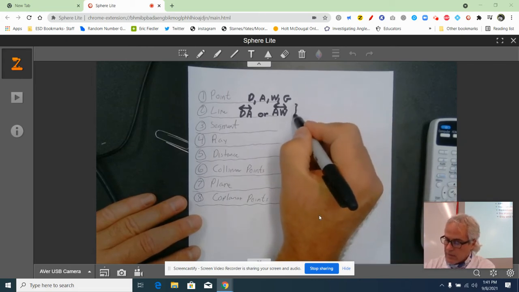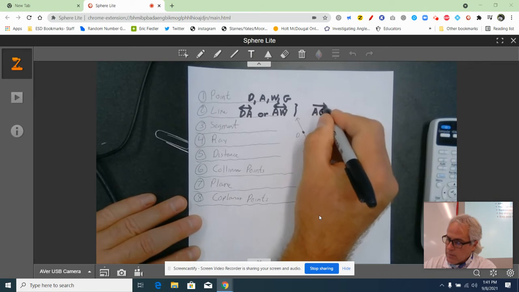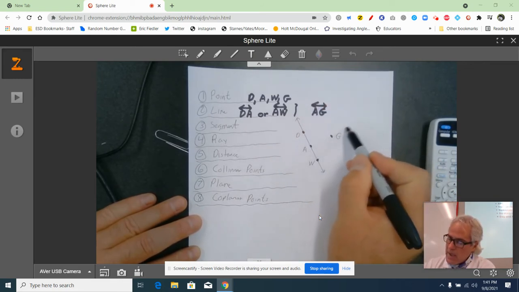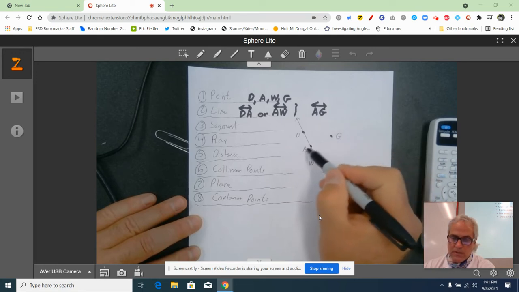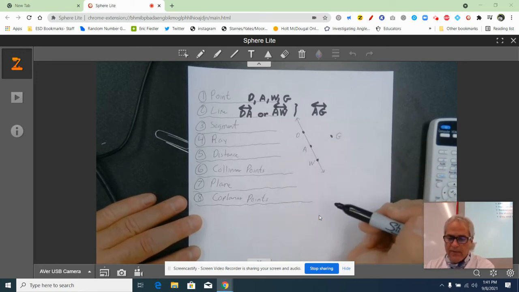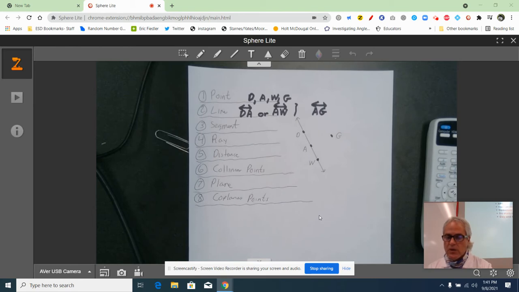So totally different, not the same line, but line AG. If I were looking at the picture, I would say, all right, A and G lie on the line, and imagine this line that goes through those 2 points. It's not drawn here. You could draw it if you wanted to, but you don't have to. So that's what I mean. There's some inflexibility, but there are also some ways to talk about lines that are even in a picture.